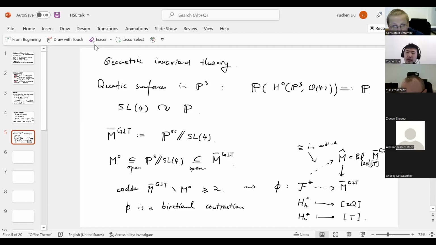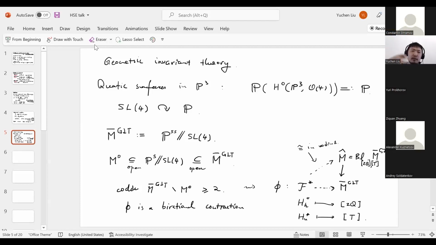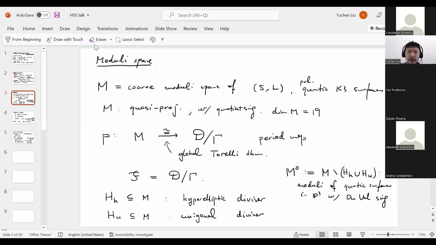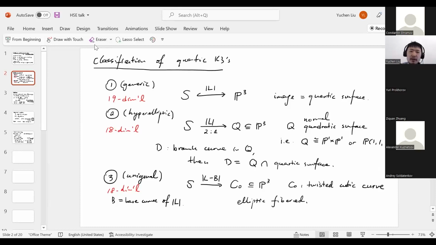I see. But you're still missing some locus. For instance, this M hat does not give you anything that is a double cover of this quartic cone. You know, in the earlier classification, we see that the hyperelliptic one actually has two loci. One is covered by P1 cross P1, the other is P112, but we only blow up the point corresponding to P1 cross P1.